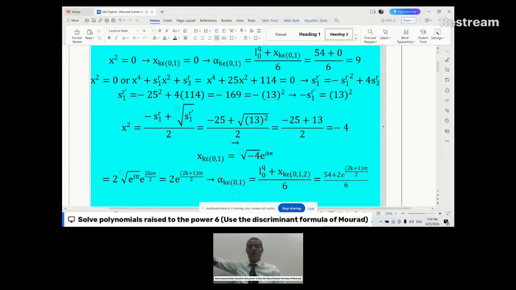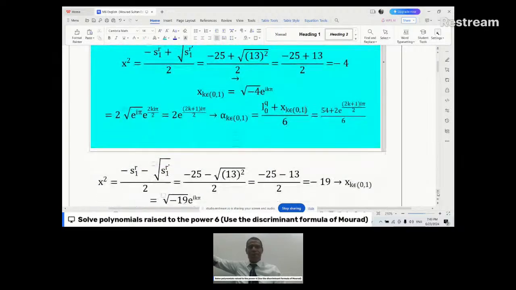Means that the roots, k belongs to 0 to 1, equal 54 plus 2 times exponential (2k plus 1) i pi over 2, all divided by 6. You can simplify more, or you can put it as that, as you like. Okay, this is the first.